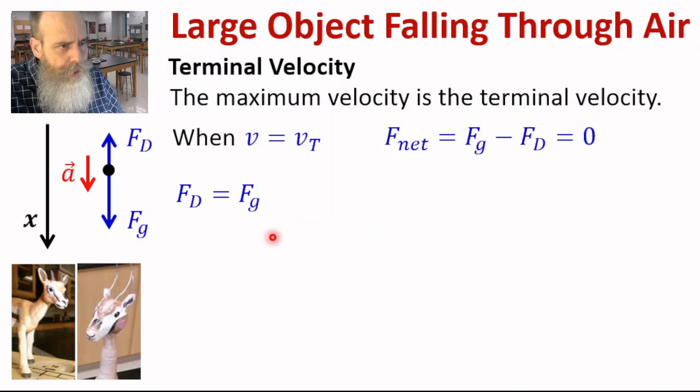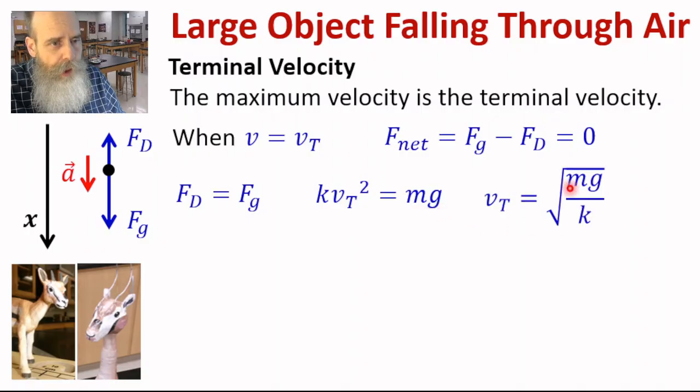So Fd equals Fg. Fd is kv squared for a large object. It's inertial drag. And when v is vt, Fd is kvt squared. So kvt squared equals mg. Solve for vt. Vt is square root of mg over k. We just saw this. Square root of mg over k is the a in our equation.